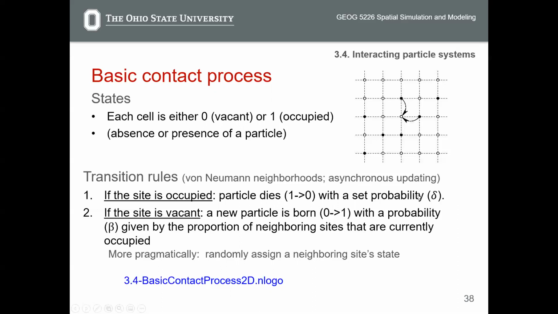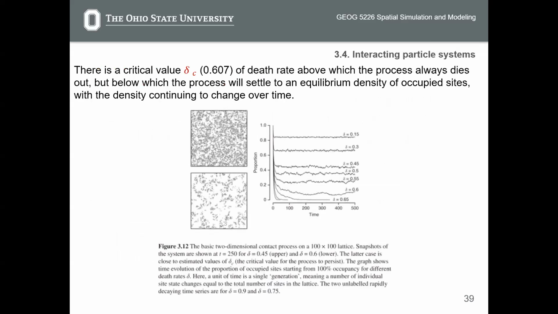And we use delta and beta, these two probabilities, to decide the transition of each cell. So there is always randomness here. It's not like total CA, where the majority is always the king. If something is the majority, bang, after the next tick, the central cell will be the majority state. Okay, so that's the difference. And you also need to know this critical value in the basic contact process.